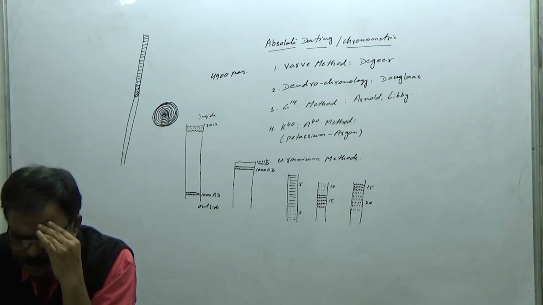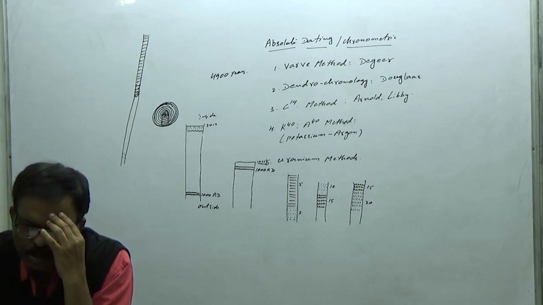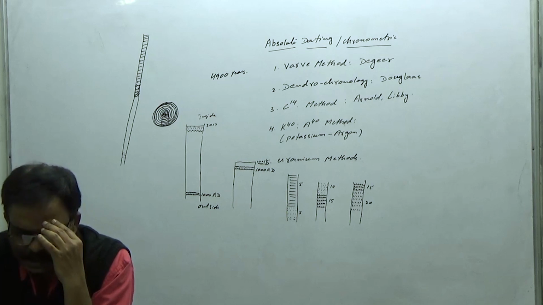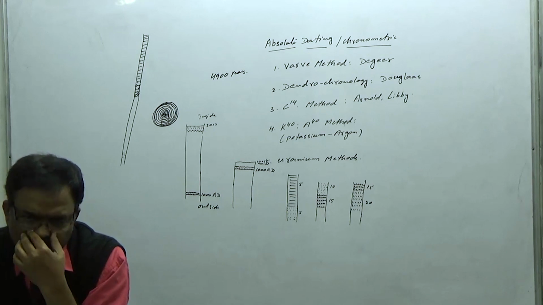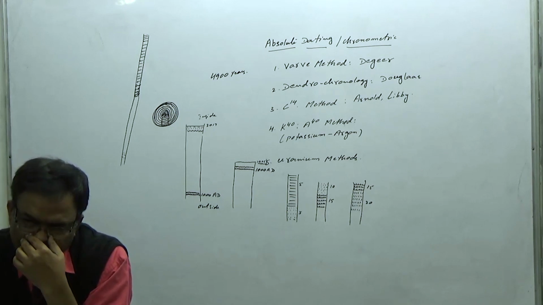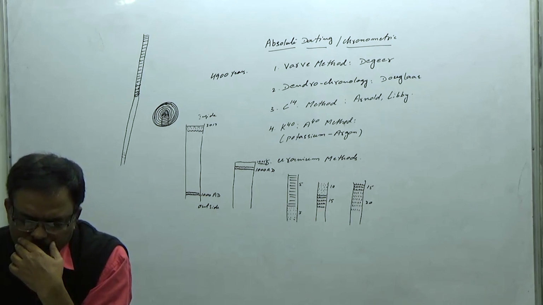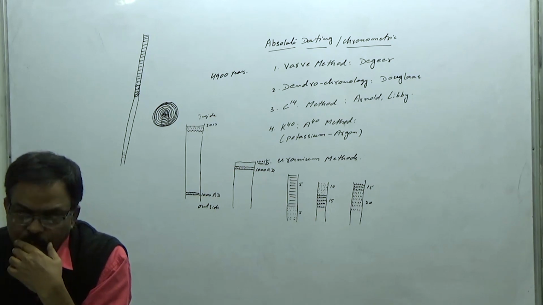This method is based on annular rings of trees. This method is useful to analyze the age of wooden monuments.